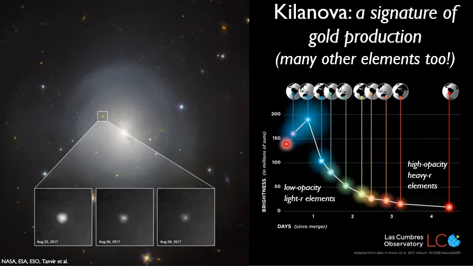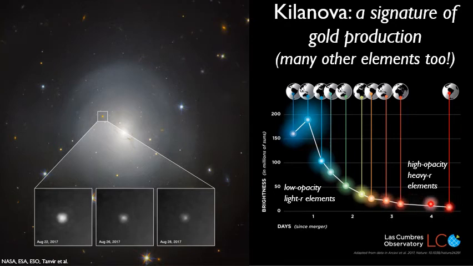And you can also see more information from the kilonova if you separate it by the spectrum, so by the color. So it starts out bright and blue, and then as it decays, the spectrum actually turns more and more red. And the thinking is that you have low opacity, iron peak, and light r-process elements here that are dominating your spectra. And then later on, you have radioactive decay and high opacity, heavy r-process elements.